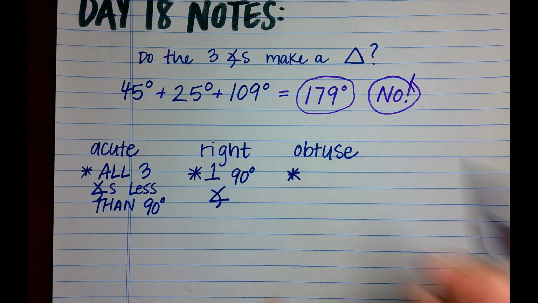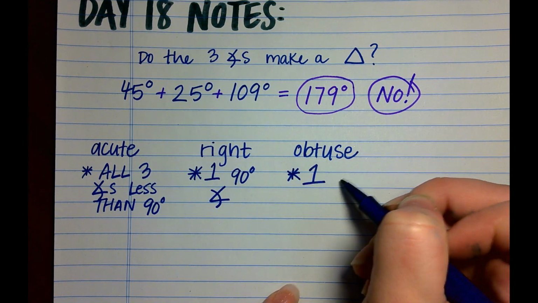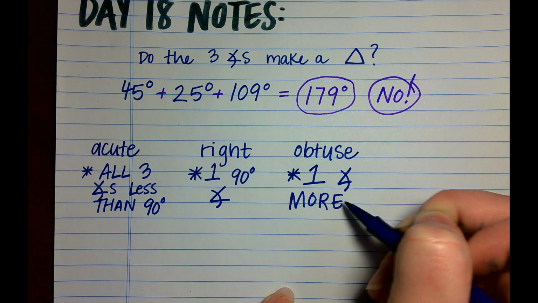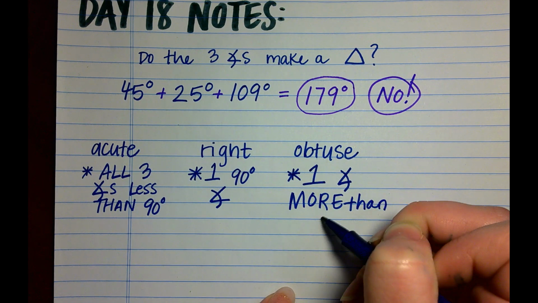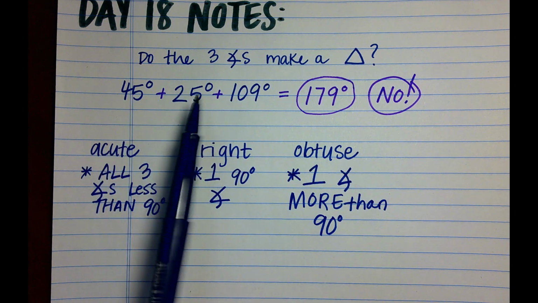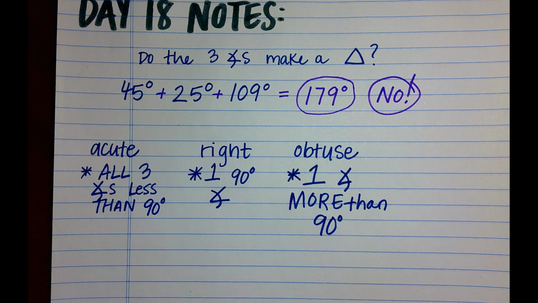So one angle more than 90 degrees. So if these three angles did make a triangle, what kind of triangle would it be? Obtuse, because I've got one angle that's more than 90. So it's obtuse. Good.